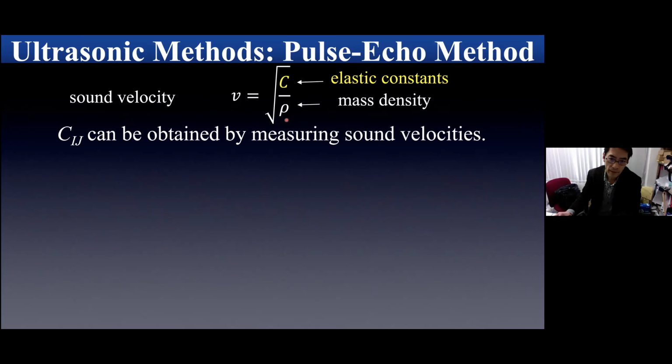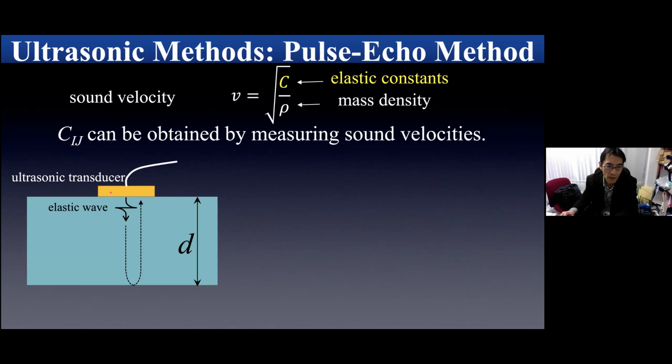The mass density can be obtained from the interatomic distance or the lattice constant, so that can be measured by X-ray, for example. So mass density can be measured, but elastic constant cannot be measured easily. But by measuring the sound velocity accurately, it is possible to determine the elastic constant from the sound velocity. And the typical method is the pulse echo method.